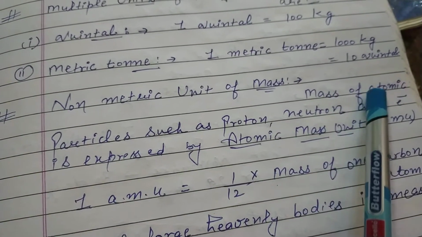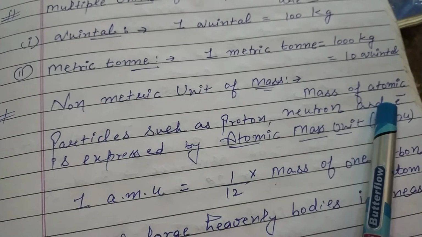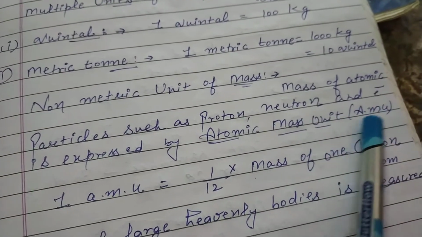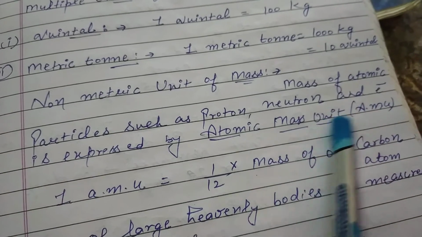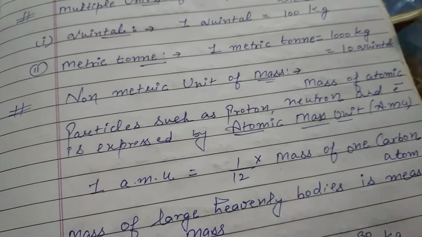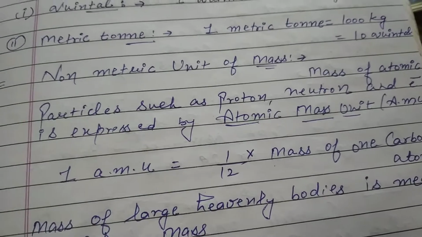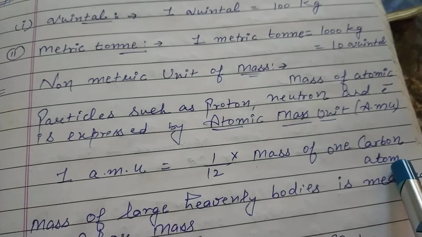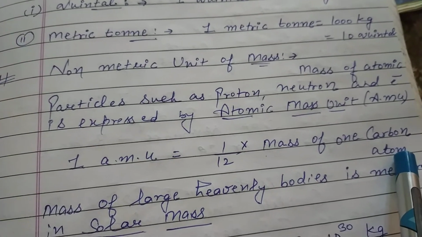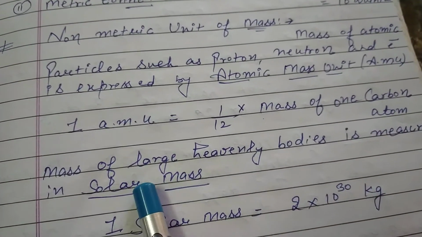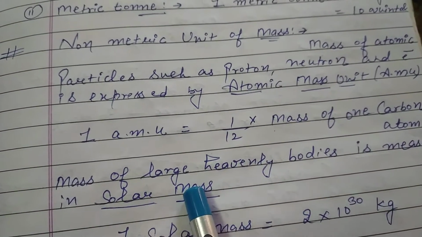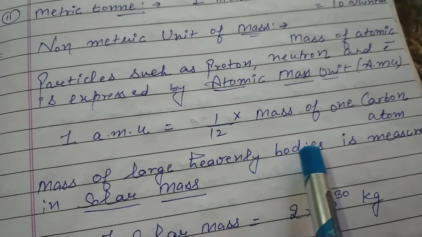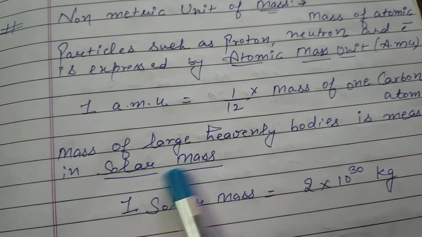The mass of proton, neutron and electron is expressed in atomic mass unit, simply AMU. What is the value of 1 AMU? 1 AMU is equal to 1 by 12 of the mass of 1 carbon atom. Now if we want to find out the mass of very large bodies, we use solar mass.